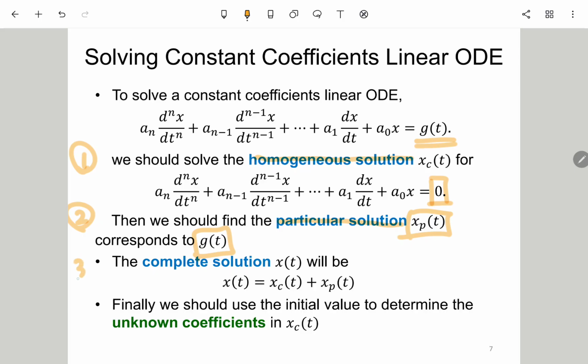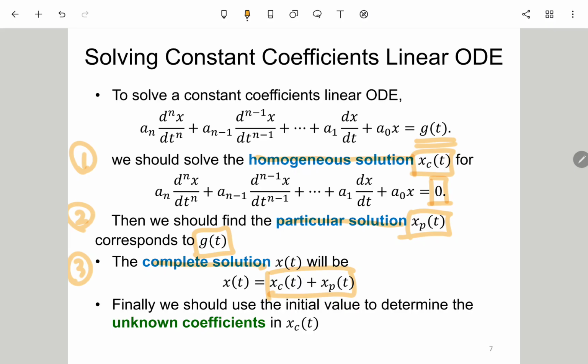And then for the third step, you already have the homogeneous solution and the particular solution, xc of t and xp of t. Then the final step is just to add them together to be the complete solution. Then this is pretty much it. So it will be pretty easy to remember.